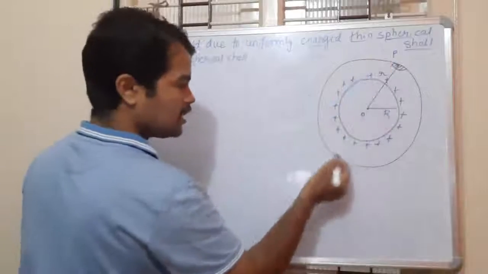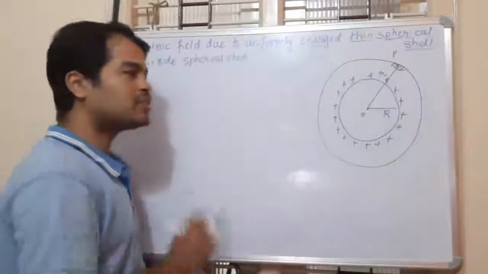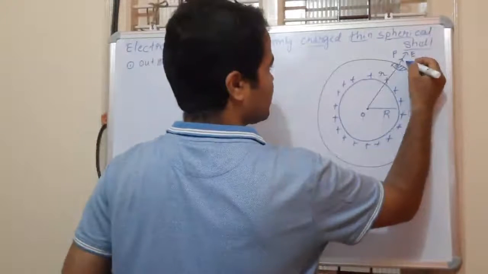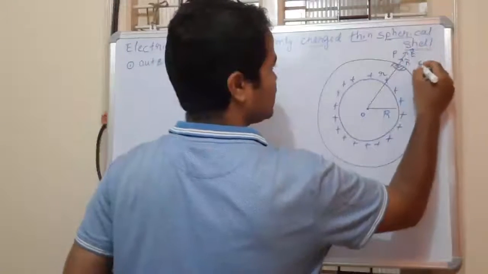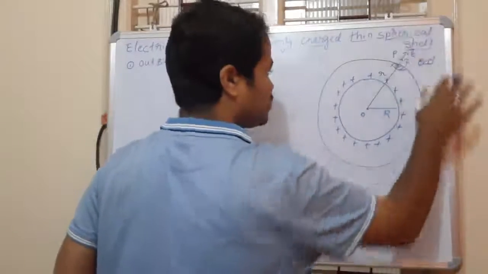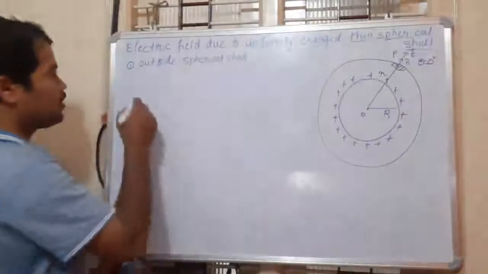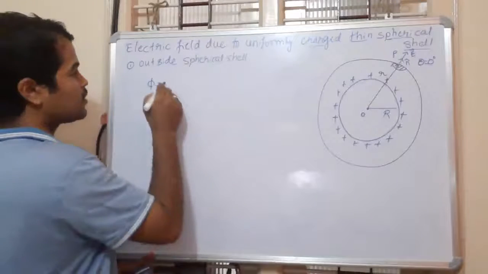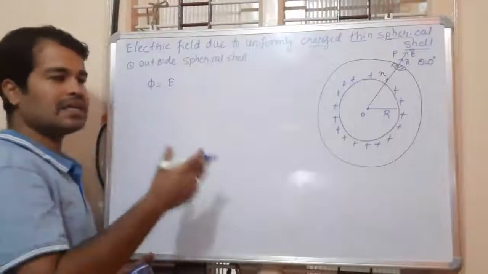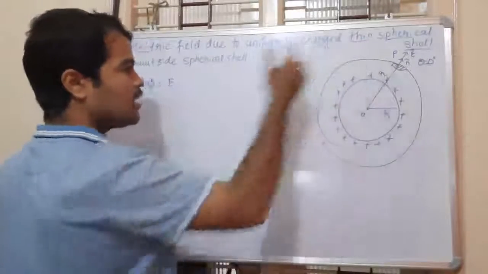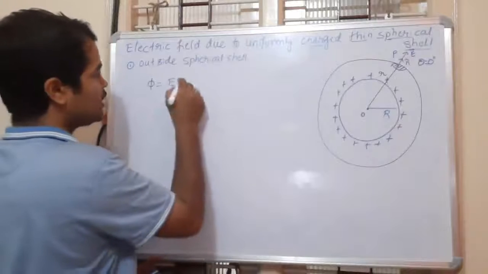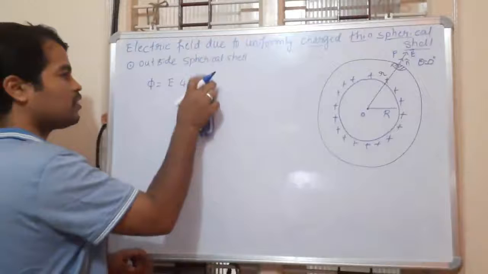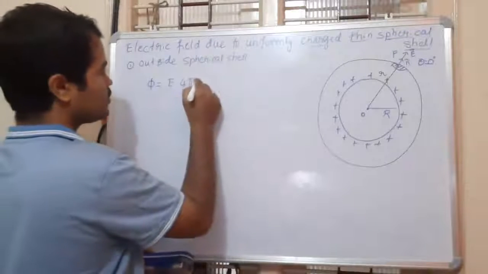Wherever you take it on the entire surface, the electric field is in this direction and the area vector is in the same direction, so the angle theta is 0 degrees. Then the total electric flux phi is the electric field multiplied by the area of the complete surface. The complete area is 4 pi r square, small r square, not capital R square.